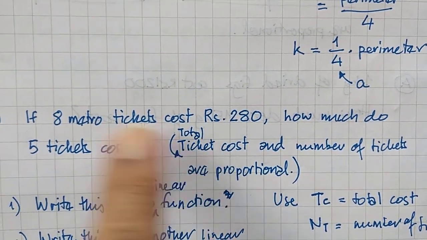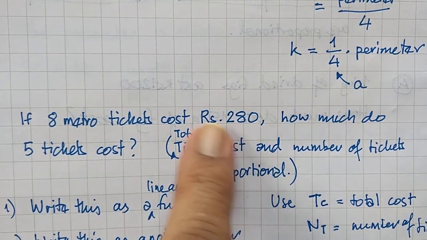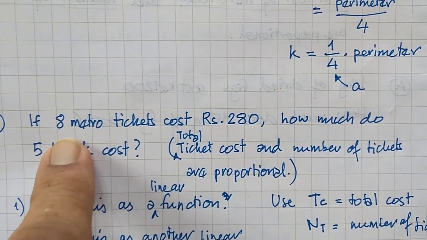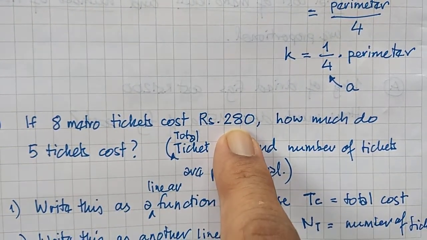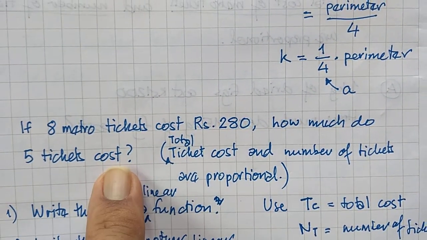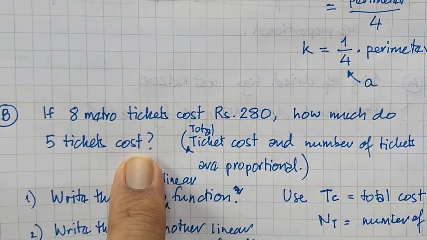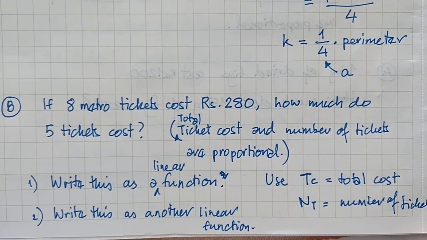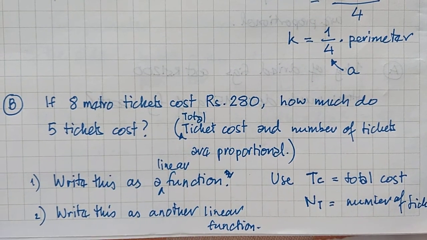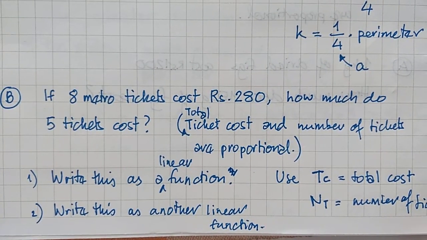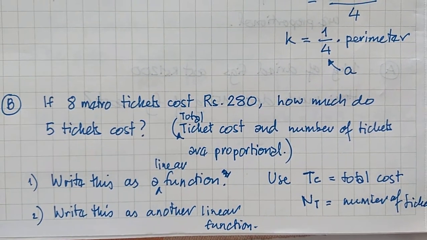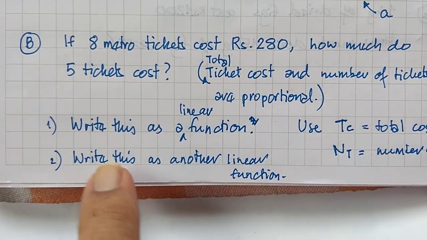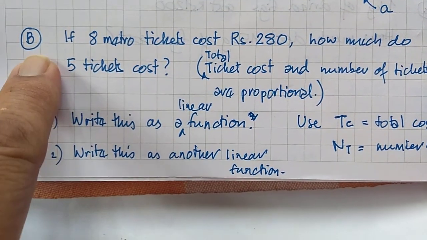So if the total cost of tickets and the number of tickets are proportional, and 8 metro tickets cost rupees 280, how much do 5 tickets cost? This is a very simple problem. This is what would be called a rule of three problem. You first find out how much one ticket costs, and then you multiply it by 5 to find out how many 5 tickets cost. Okay, so I'm going to ask you again, this is problem B.